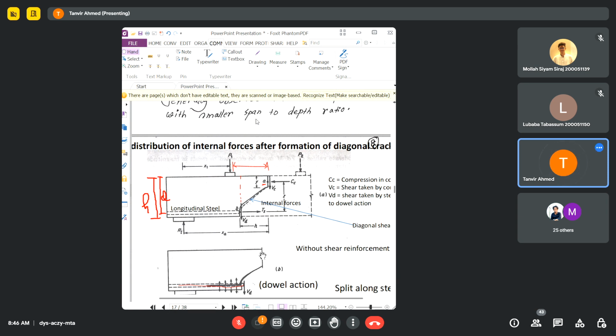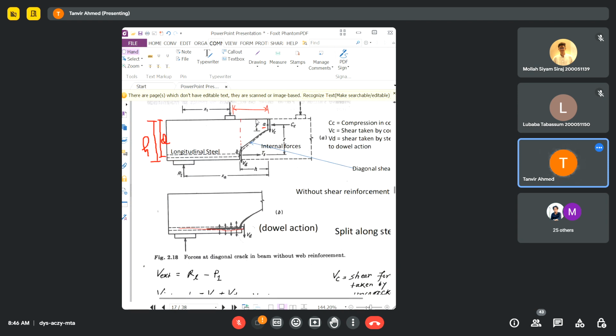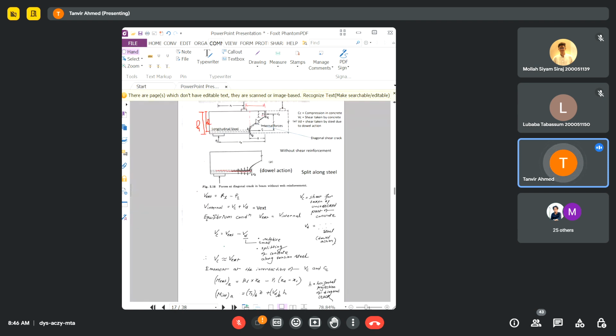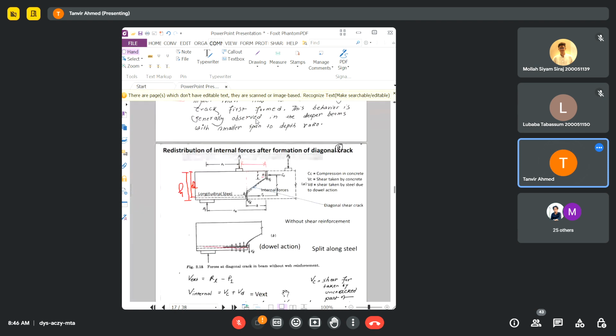Now, if I consider these forces, you can calculate the total external shear force from the external forces, right? The total external shear force will be what?